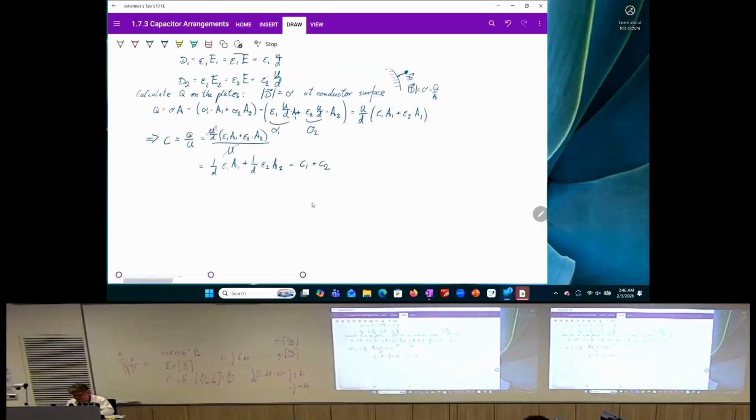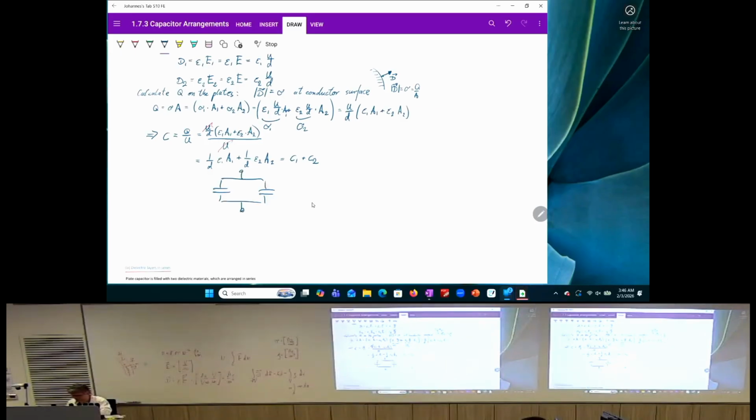This is exactly the formula we have for a parallel plate capacitor. This here essentially becomes our C2, and this here our C1.